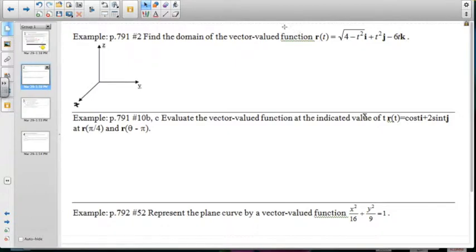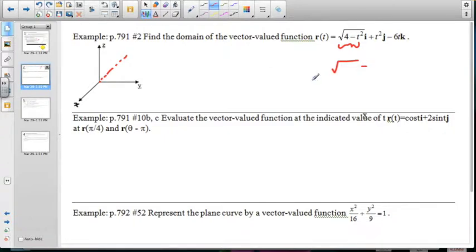So if we talk about this vector valued function's range and domain, the x component here is the square root of 4 minus t squared. So we're talking about the possible values along the positive and negative x axes that are defined. And so when we look at this, we know that square roots can't be negative.